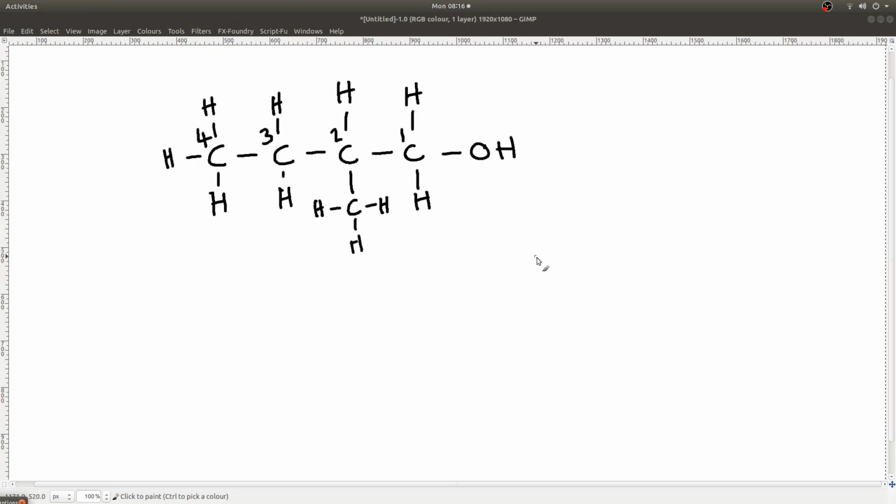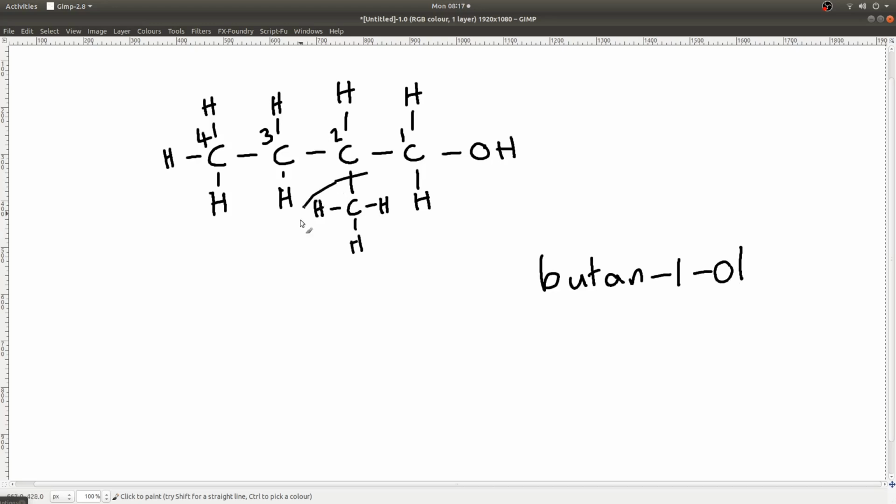Because it's going to be a 4 carbon chain, it will be but, and then 1-ol to indicate an alcohol group on the first carbon. And then of course we've got this methyl group here, which of course is on the second carbon, so it will have to be 2-methylbutan-1-ol.